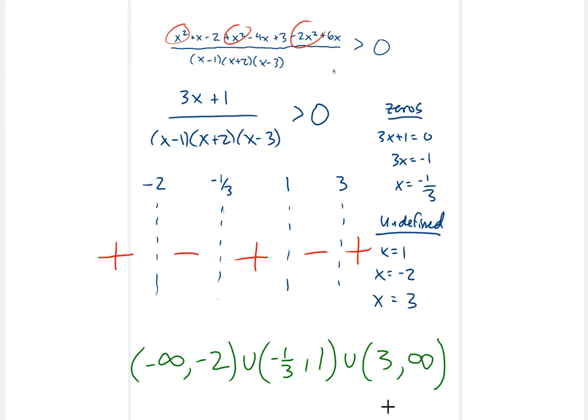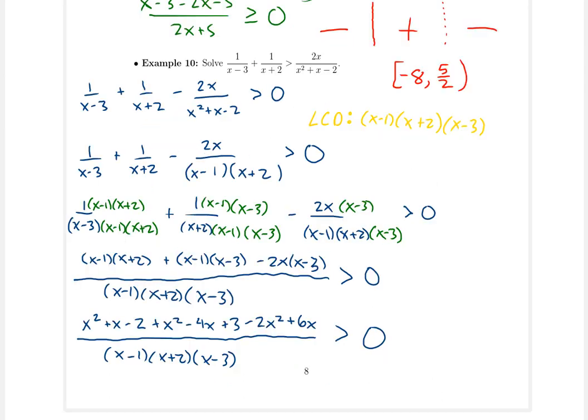Now, just real quick before we leave this one in the past, this was a hard one, right? And it would be one that would be good to kind of check our work on. So if I go back here for a second, let's just make a note of how we can check this. So we don't want to lose sight that our graphing calculator can help us out. So here's what we're going to do.